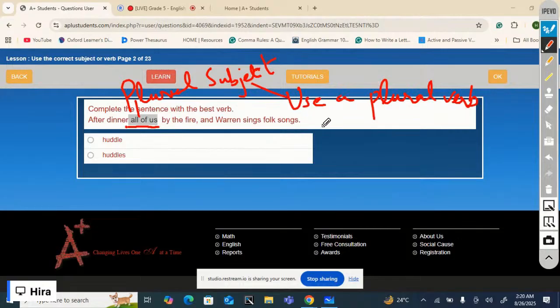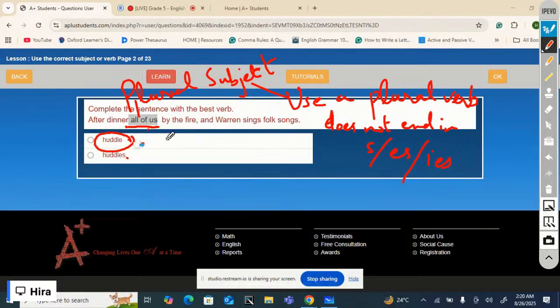And a plural verb does not end in S, ES, or IES. Now look for the verb which does not end in S or ES. Huddle or huddles. Well, huddle, the first one, does not end in S, ES or IES.